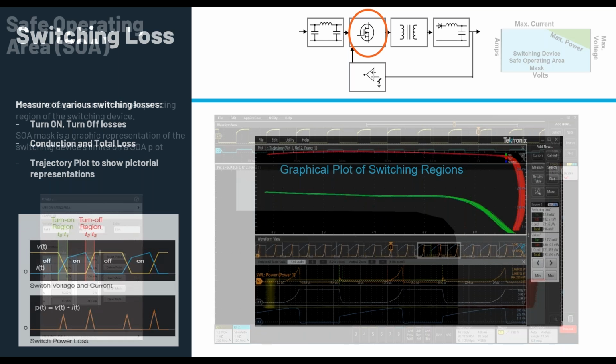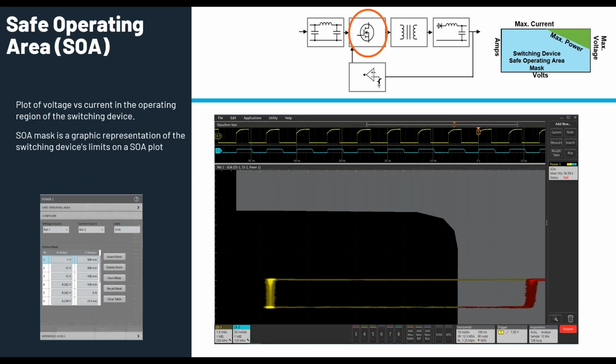Similarly, the next measurement is the safe operating area. This is a very interesting measurement, which is a plot of voltage versus current. That characterizes the operating region of the switching device. Under diverse operating conditions, the power supply is expected to encounter different operating regions, so we find out the operating region with this method.